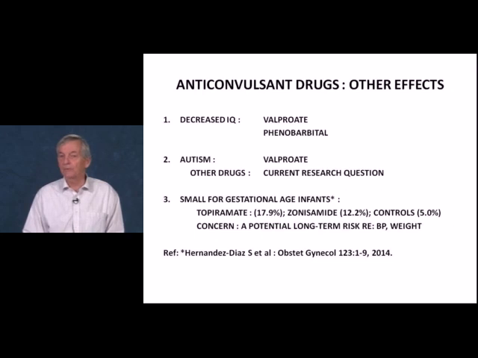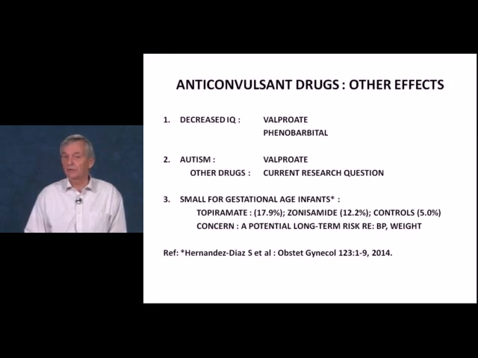So I'd keep an open mind about this and hope that literature begins to be available on children exposed to either topiramate or zonisamide during pregnancy in terms of how well they do as adults with regard to obesity as well as high blood pressure. But clearly being SGA is not a trivial finding.